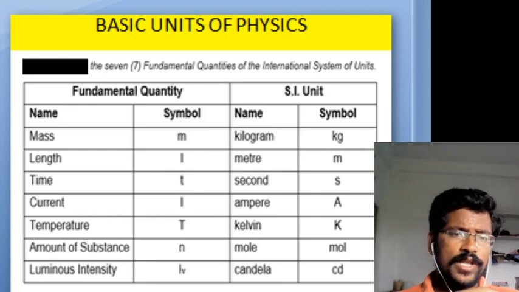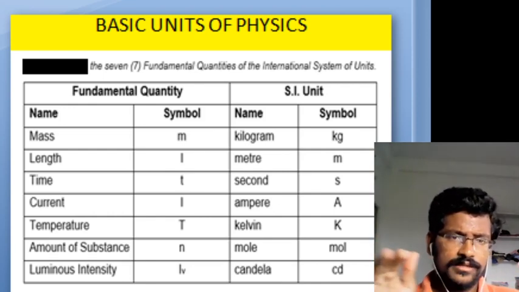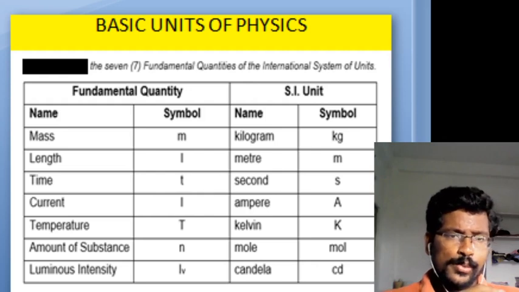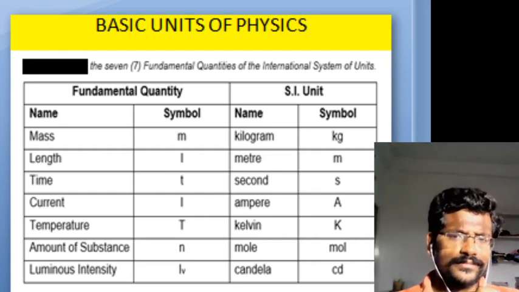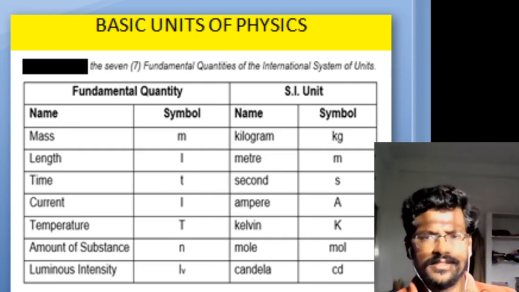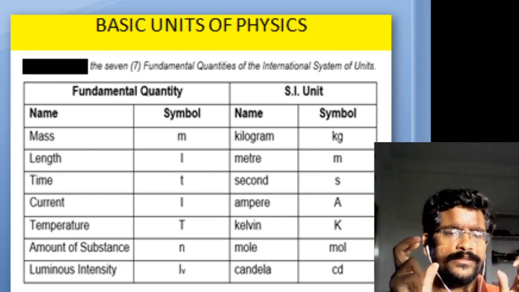Current is the flow of electrons. The flow of electrons is current. Here, the SI unit of current is ampere. It is denoted by A. Now temperature.